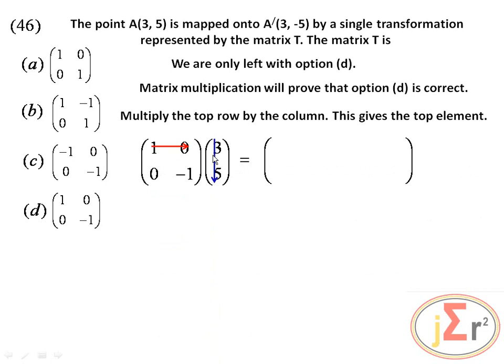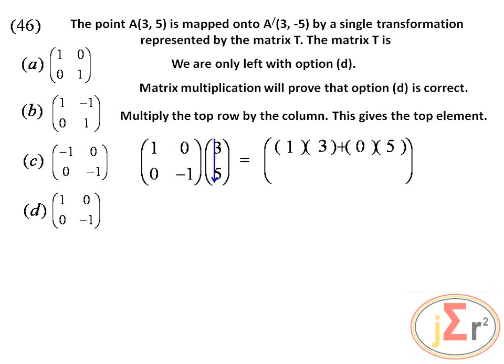As a matter of fact, we only have a single column, so we will take these rows in turn to multiply that single column. So 1 multiplied by 3, 0 multiplied by 5. So our animation is also showing which element is multiplied by which.